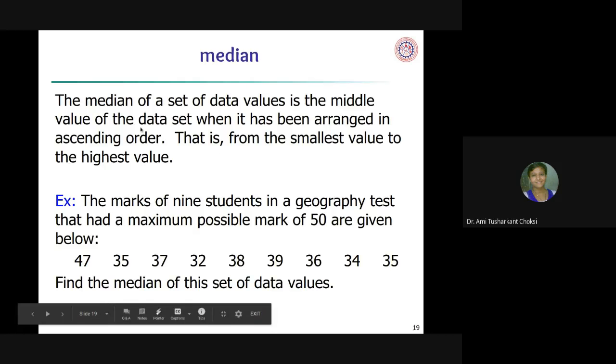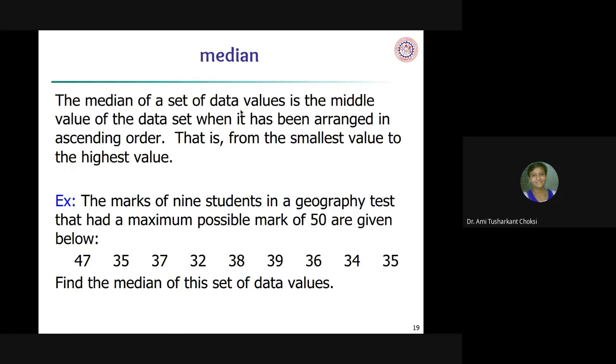Median, what is that? The median of a set of data values is the middle value of the data set when it has been arranged in ascending order, that is, from smallest value to highest value.